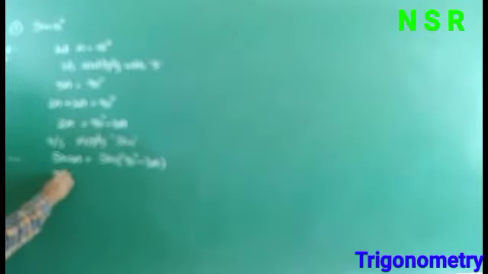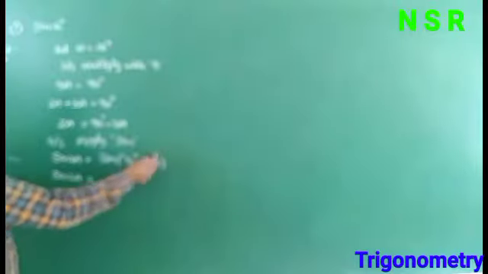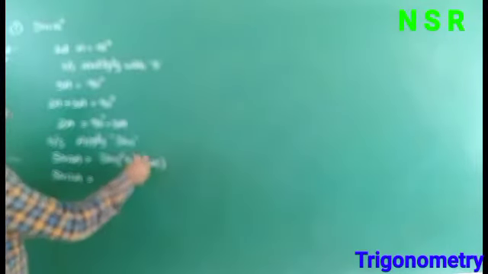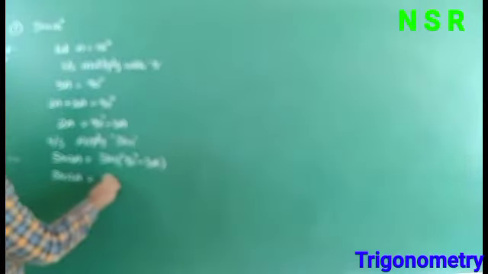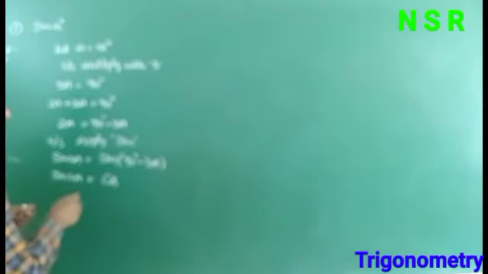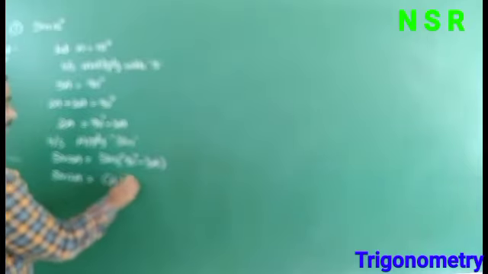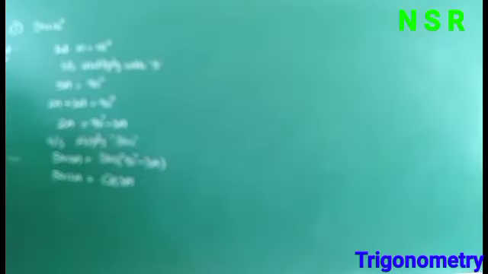Suppose we consider 3A as theta. Sin(90 minus theta) is cos theta, since 90 minus theta is in the first quadrant, so sin changes into cos. So sin 2A equals cos 3A.